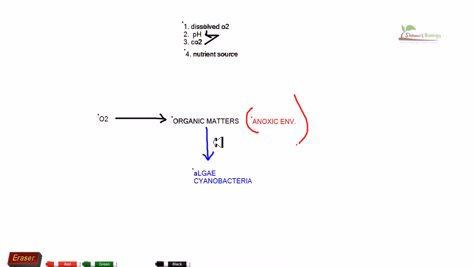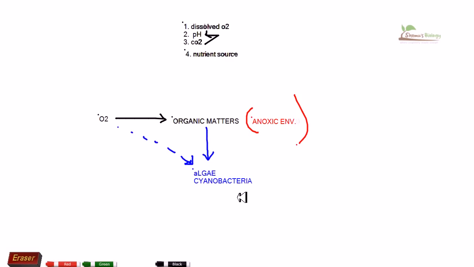Right after consuming this organic matter and a small amount of oxygen, they develop a very stable environment where all the members are algae and cyanobacteria, which is called an algal bloom.